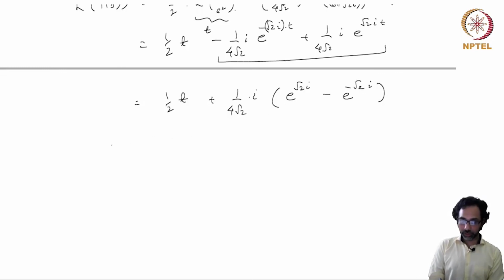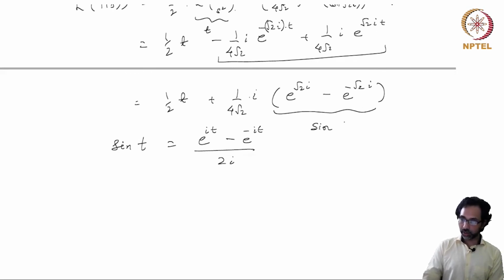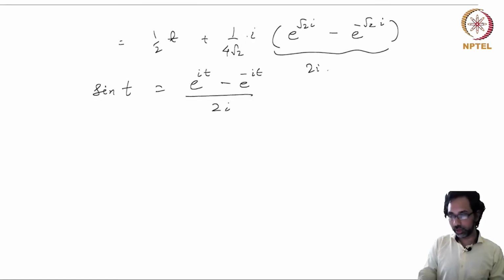and we can use the formula for sine t. The formula for sine t in terms of the complex exponential is e to the power it minus e to the power minus it over 2i, and so we can use this here. So this is 2i times sine of root 2 t, and so now this i and this i give you minus 1.